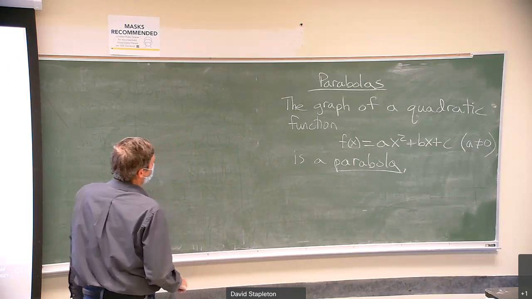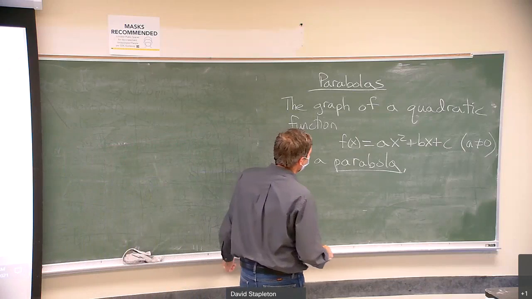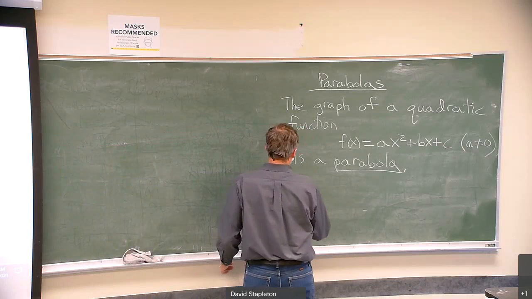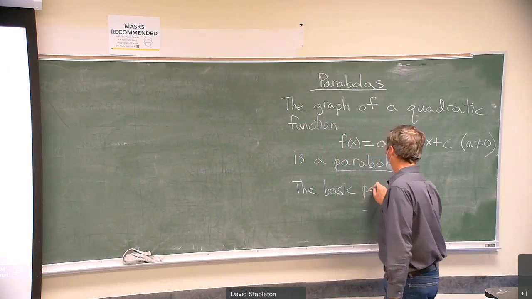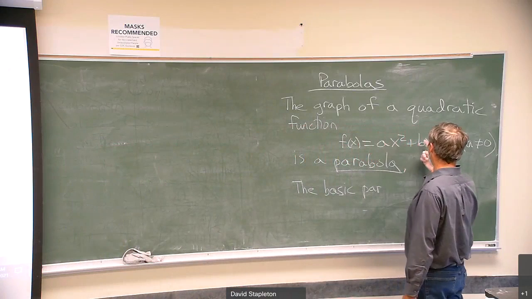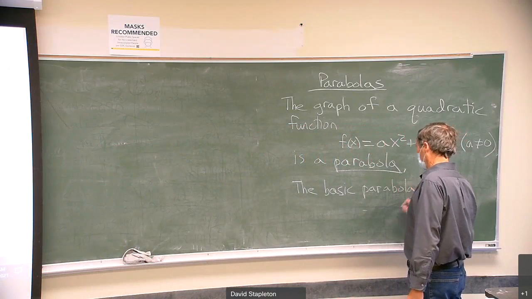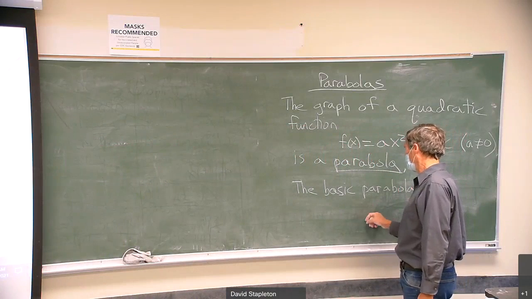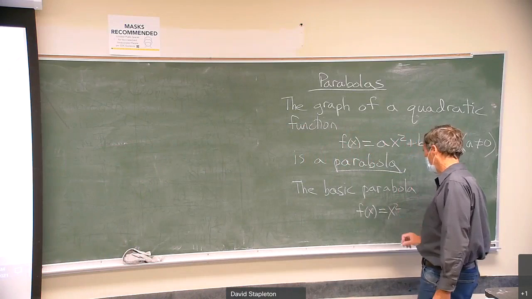Now, how can we sketch a parabola, for instance? The most basic parabola, we can put a equal 1 and b equals 0 and c equals 0. Let's do a simple test case. f of x equals x squared has what graph?